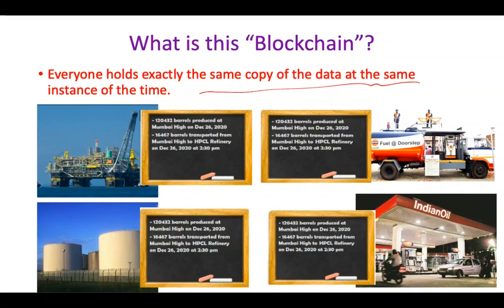Okay, but up to here, is it clear? Blockchain means it is decentralized. Decentralization means no one is the owner, everyone is the owner. Distributed means information is with everyone.